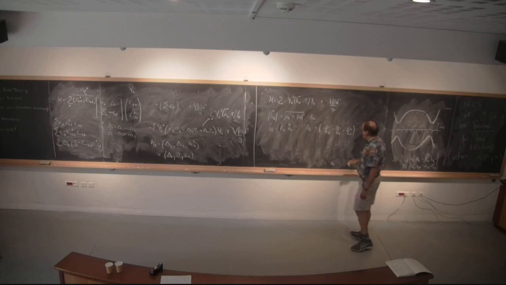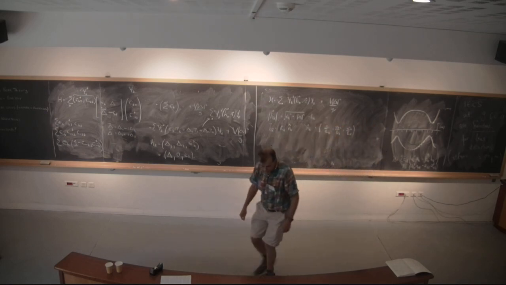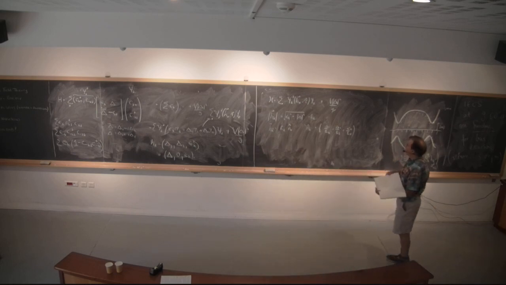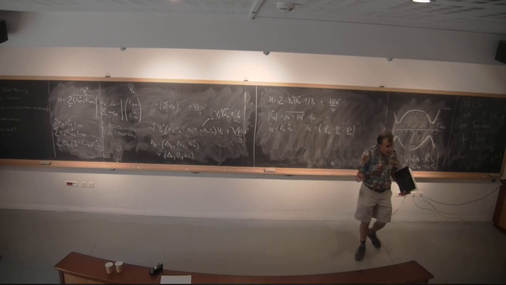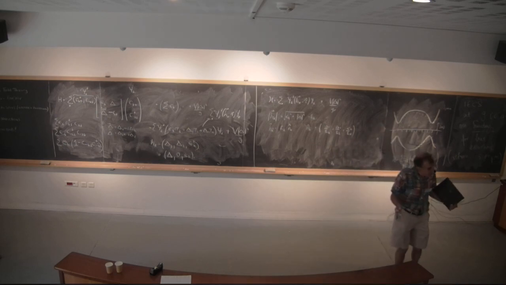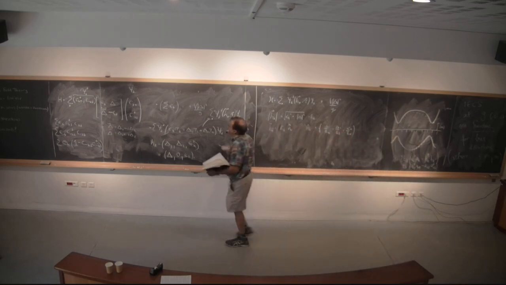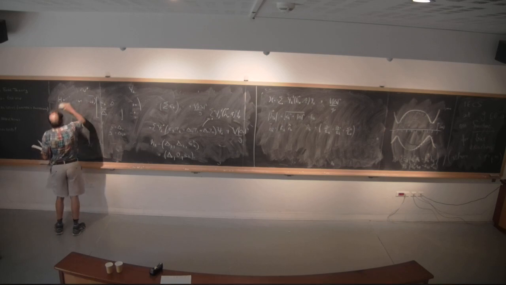I'm going to set delta 2 equal to 0, and we're now going to draw some pictures of this. So let's just do this. If I set delta to 0 altogether, I've just got a fancy reformulation of a Fermi liquid. So let's draw it for the Fermi liquid, and let's draw it for the superconductor.